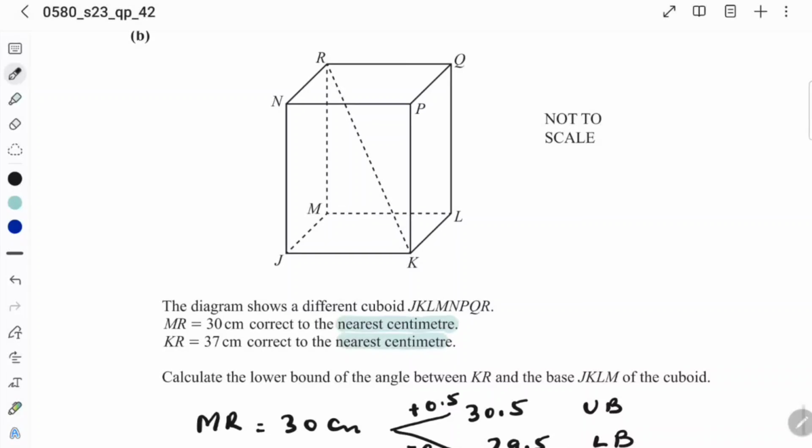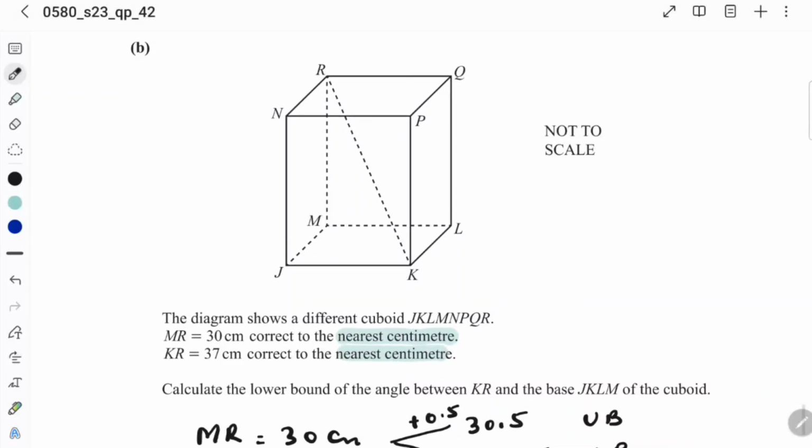Now look at the diagram. So MR is 30 centimeters, and KR is 37 centimeters, and we'll have to find out the angle between KR and the base JKLM. JKLM is this much. So how do we find out the angle between them?